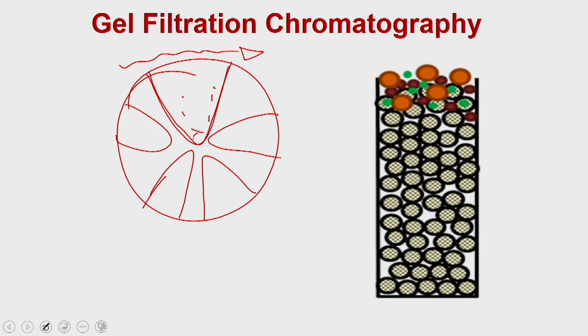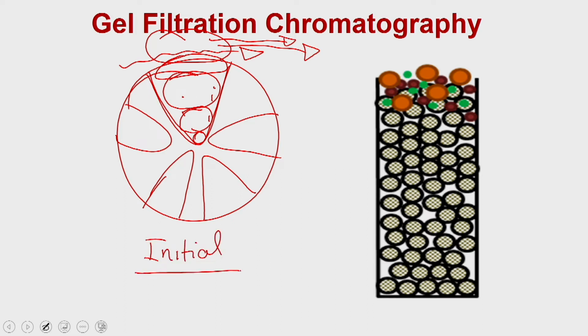So, the smallest molecule is going to sit at the bottom of these beads, whereas the molecule larger than this is going to sit on top of this, and the molecule larger than this is going to sit on top of this, and the largest molecule is going to sit on top of this, and the molecule which is even larger than this is not going to enter into the pore, and it will go away along with the buffer.